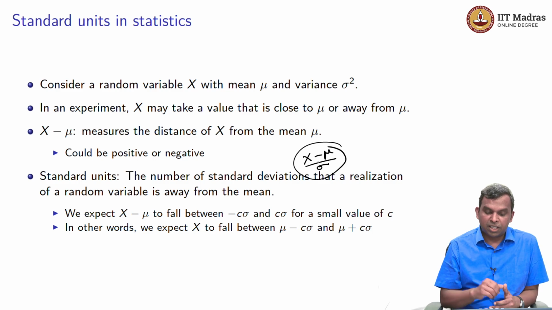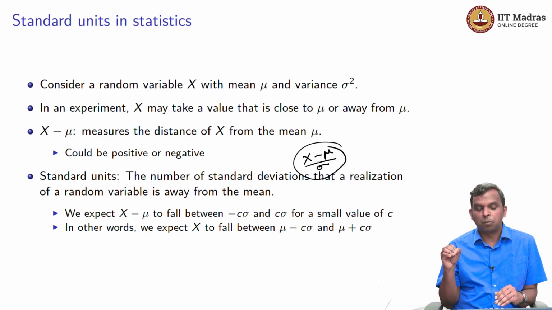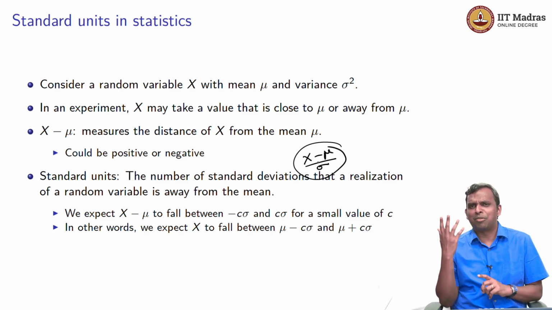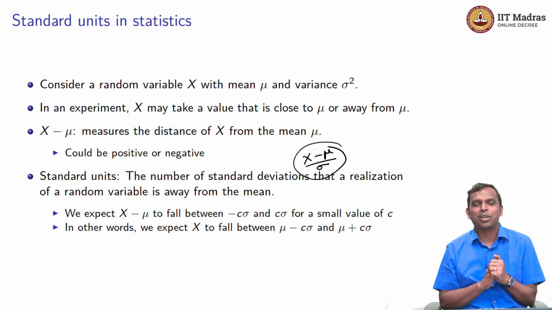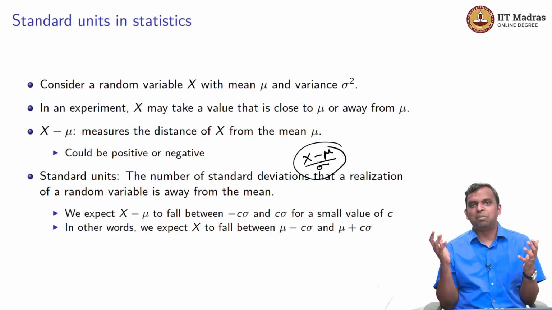So x minus mu, you expect it to fall between minus c sigma and plus c sigma. It has to be within a certain multiple of sigma. You might have heard the very famous 6 sigma terminology. If x minus mu is above 6 sigma, people generally consider that an extreme event.